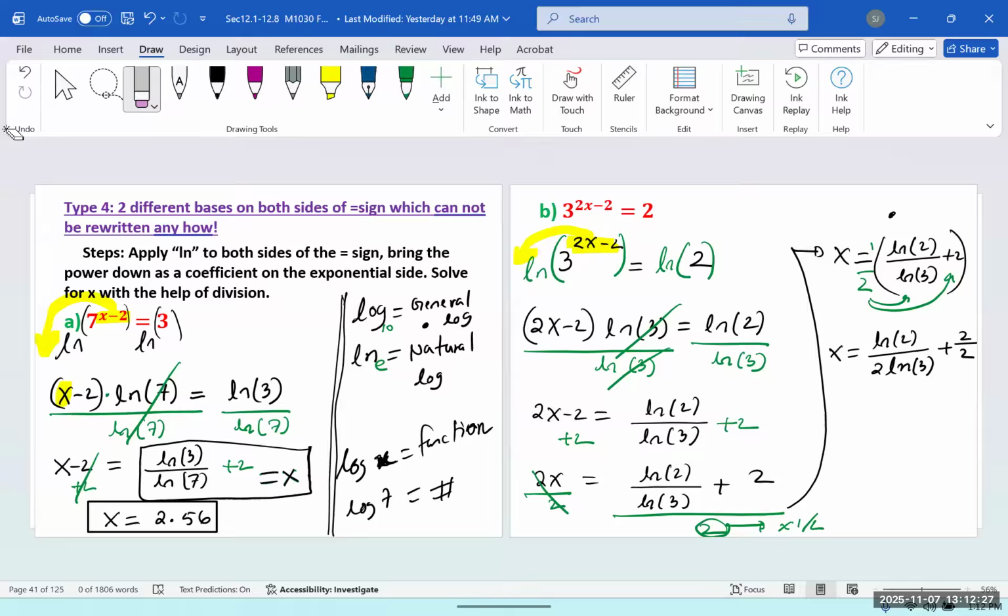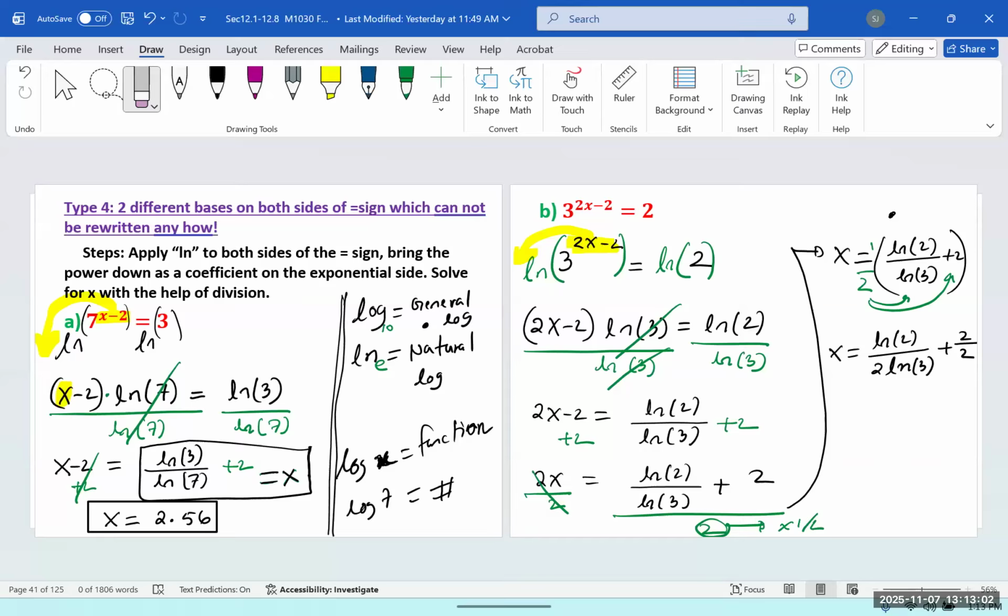You would put 1 here, and you would multiply the outer layer together with the outer, and the inner with the 2. So you would get ln of 2 and 2 times ln of 3. Okay, I see. That's the outer layer and the inner layer. Oh, cool. Wow.